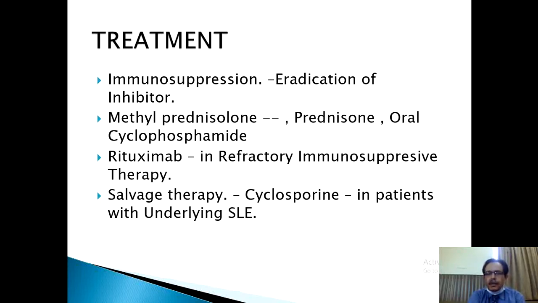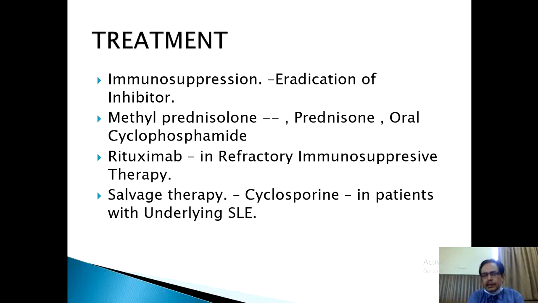In those cases of acquired hemophilia which are refractory or unresponsive to immunosuppressive therapy, you have to make use of the monoclonal antibody rituximab, as in hemophilia B. Then finally, salvage therapy is done in severe cases with the drug cyclosporine in patients with underlying SLE.